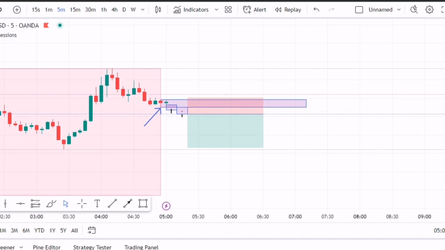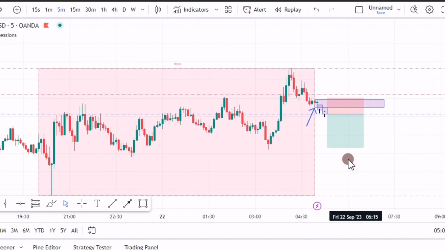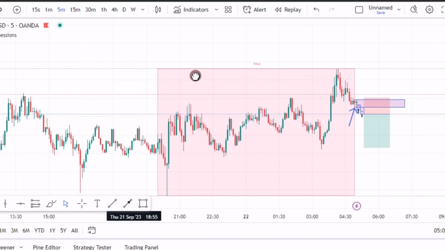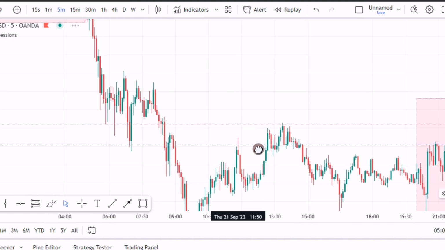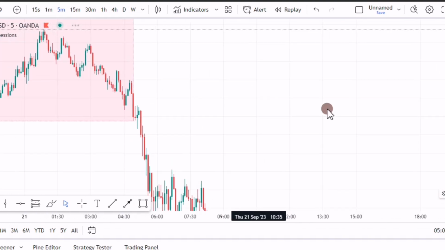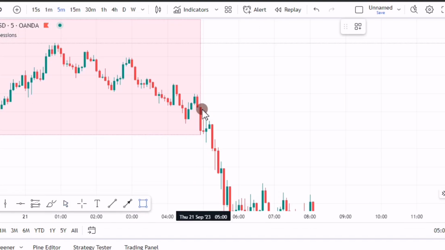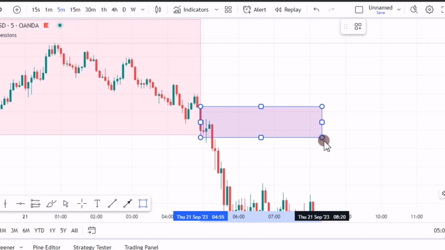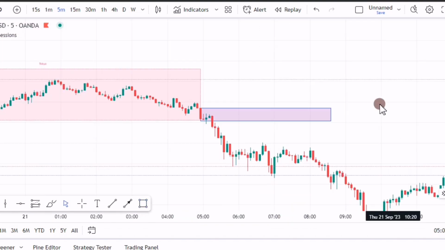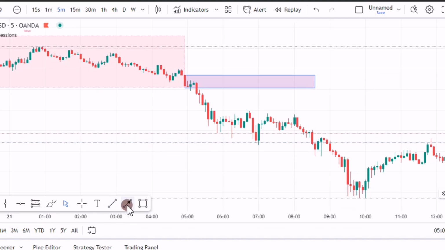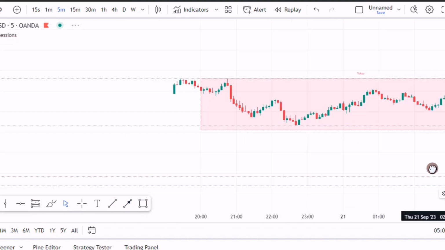So I'm just going to scroll back and see how you were supposed to do this on the previous days. That is the last candle. Price closed below clearly somewhere there, so you could have taken a sell trade.